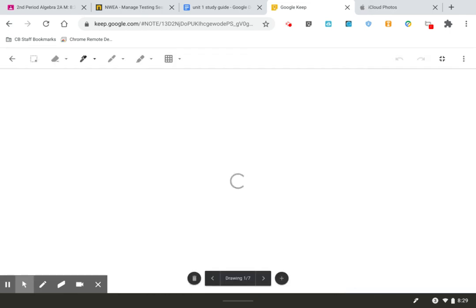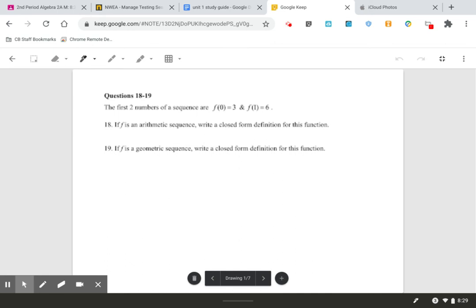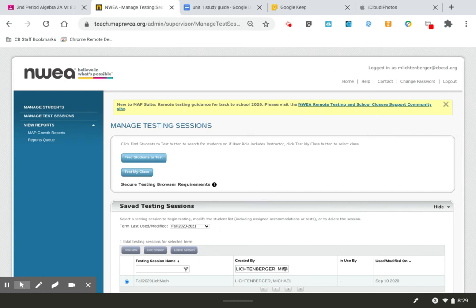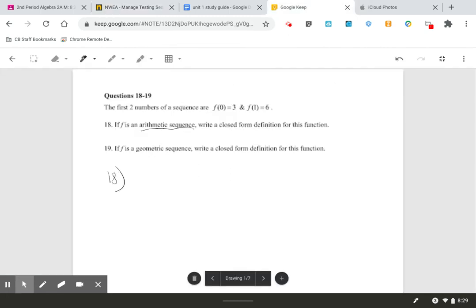Last group of questions, and then we're done. The first two numbers of a sequence are f of 0 equals 3 and f of 1 equals 6. If f is an arithmetic sequence, write the closed form definition for this function. So if this were arithmetic, that would mean that we were increasing by 3.